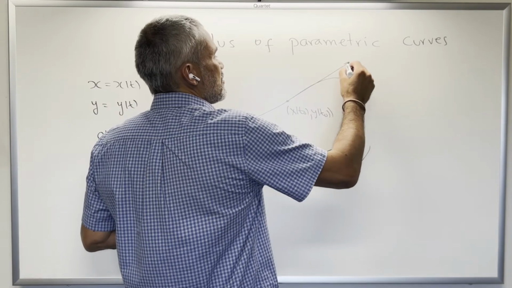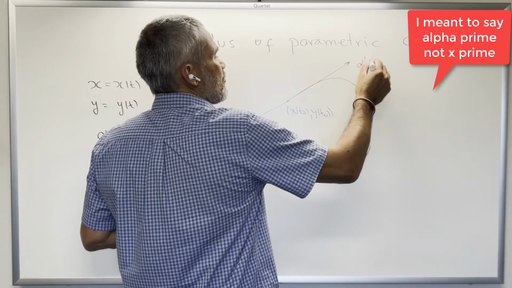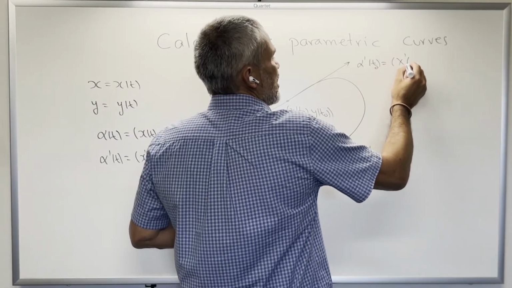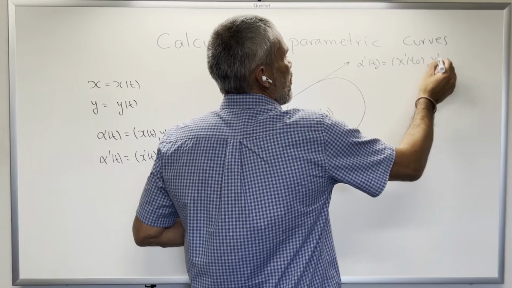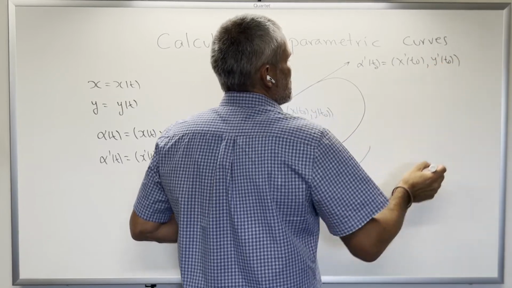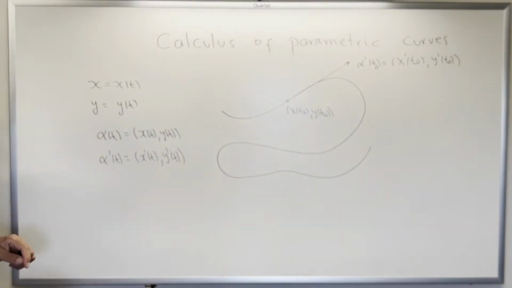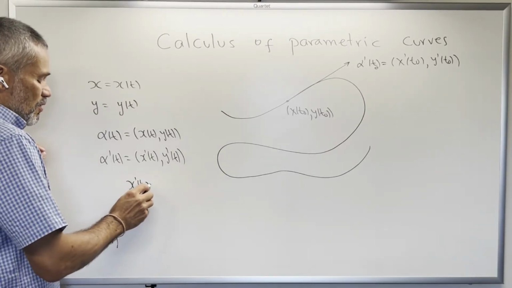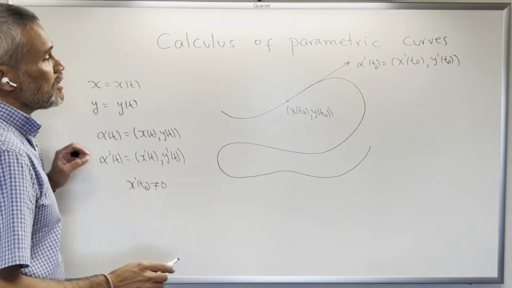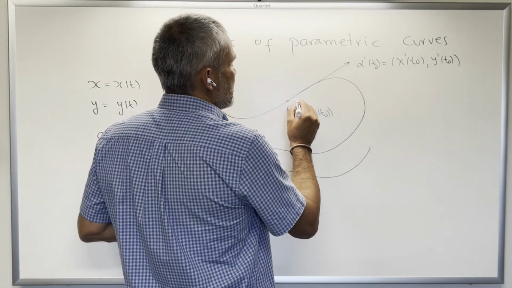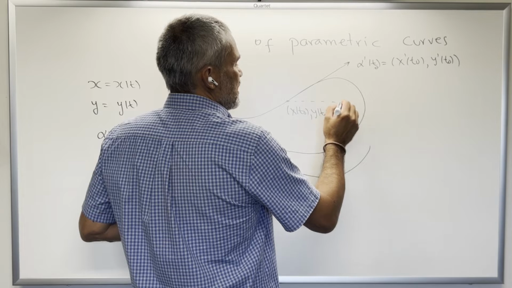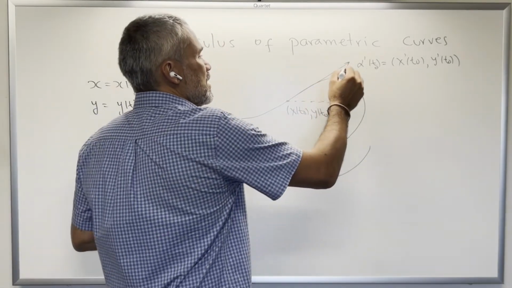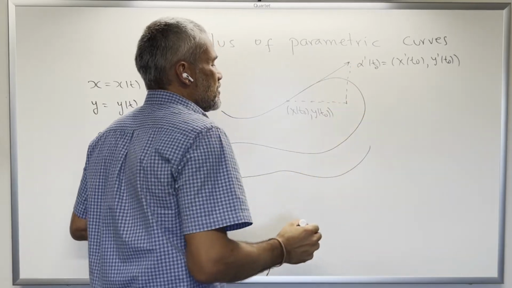This is the vector x prime of t sub 0, y prime of t sub 0. In the case that x prime of t sub 0 is different from 0, this part is the x prime of t sub 0, and this is the y prime of t sub 0.